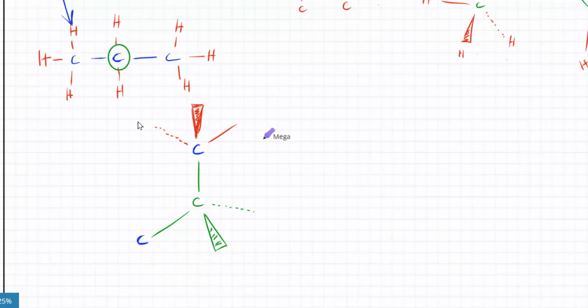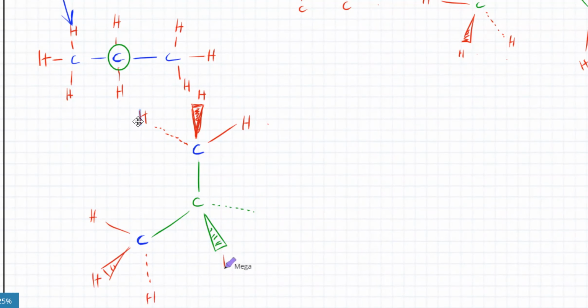Okay, all of this. So H. After this also it's tetrahedral, but we don't care after this, okay. So it's H, H, and H, and these two are also H's.